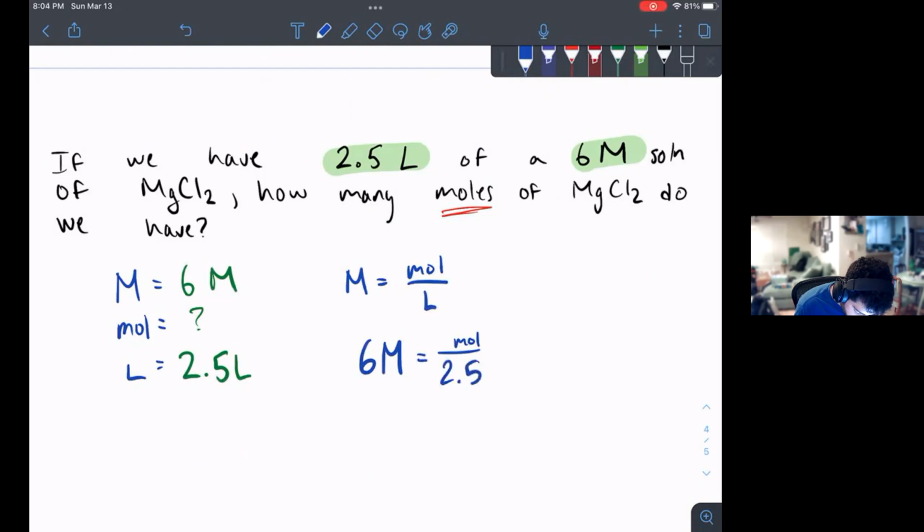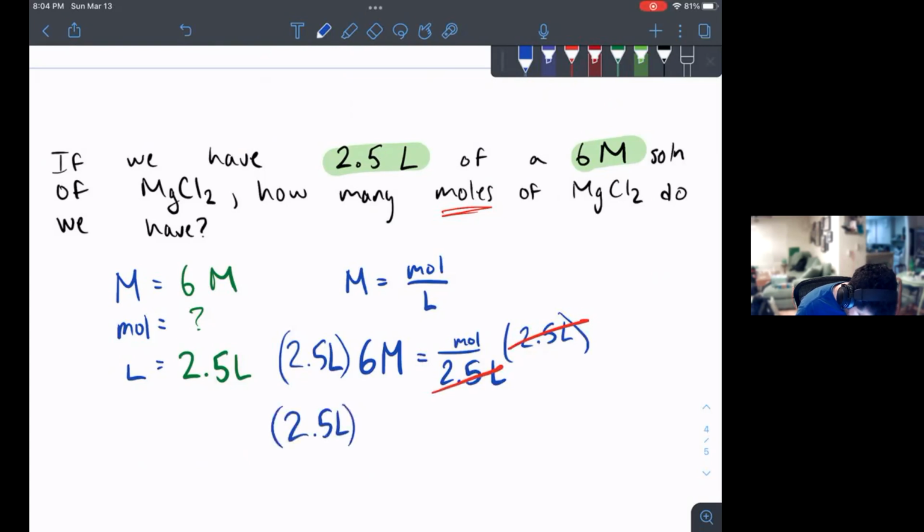over 2.5 liters. The best way that I can think about doing this is we'll multiply 2.5 over 2.5 liters. And this is just algebra now. Oh, sorry, my bad. I actually did this wrong. We'll just multiply by 2.5 on both sides. 2.5 liters cancels 2.5 liters. And then we get 2.5 liters times 6 molar is going to be equal to some number of moles.